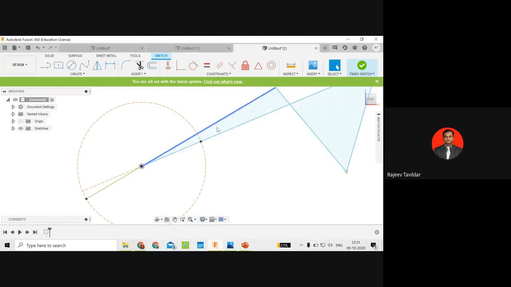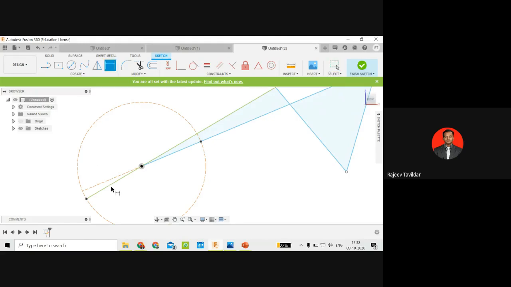So the angle between these two connecting links, and this angle, is the same. Are you getting it? Because this green line is a straight line and even this is a straight line. So using the basic geometries, this angle and this angle will be equal.